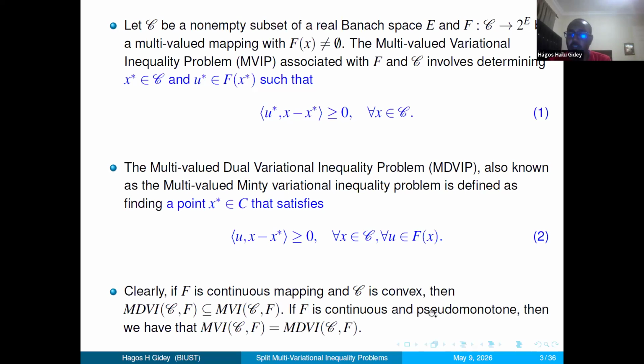If F is more general than pseudo-monotone, like quasi-monotone, the two are not the same. That means solutions of 1 may not be solutions of 2. But we know all solutions of 2 are solutions of 1, because in 2, any solution x star works for all u in F of x. That's why all solutions of 2 are solutions of problem 1.